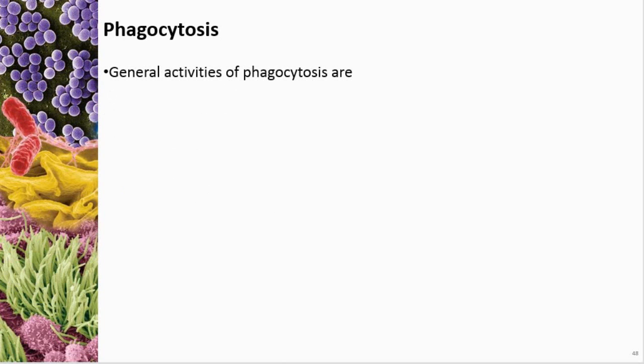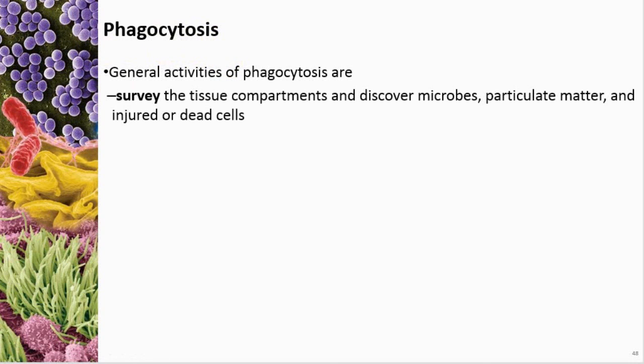So phagocytosis, if you break down that word, phage means to eat, cyte means cell, and osis literally means condition of, but in this case it just means the act of a cell eating, so to speak. So what's involved in phagocytosis? First of all, surveillance.